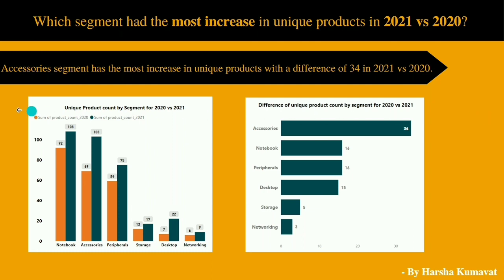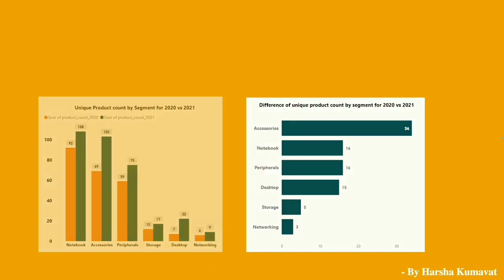The first visual tells us the unique product count for 2020 and 2021 for each of the segments, and the second visual tells us the difference of unique product count by segment between 2020 and 2021. We can clearly see that accessories is the segment with the highest difference of 34. Now let's move on to the next request.